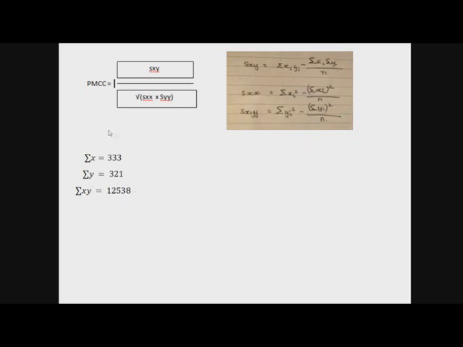And now here you can see the sum of x and y and xy. SXY: I've got this from the sum of xy from the table that I've shown you earlier, which is 12,538.